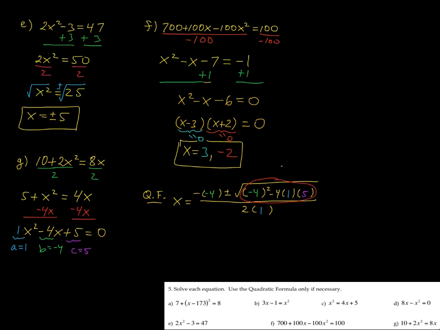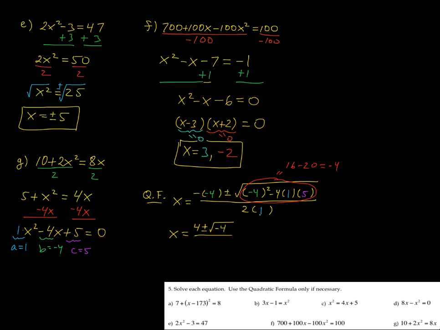So let's see here, we got 16 from this, and then this is minus 20. So this is negative 4. So we're actually going to have a negative under the radical. So we have the opposite of negative 4, so that's 4 plus or minus the square root of negative 4.